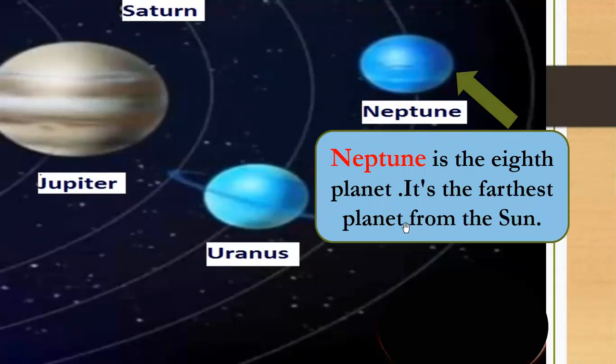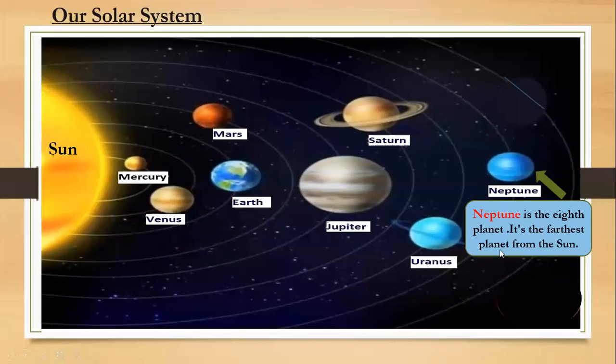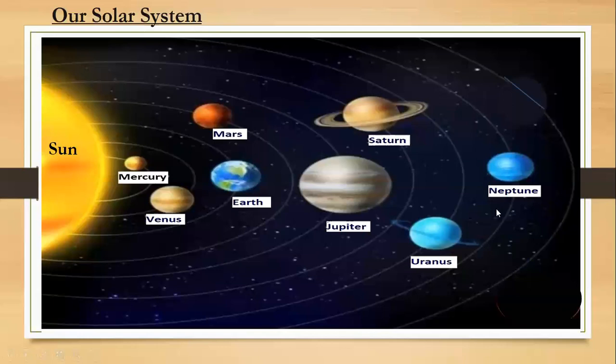أبعد كوكب عن الشمس. طبعا you should focus on starting the names of all the planets with a capital letter. لاحظوا أنه يجب أن تبدأ أسماء الكواكب جميعها بحرف كبير. Then we should study the names of the planets in order. لازم نحفظ أسماء الكواكب بالتسلسل from the closest to the sun to the farthest one. نبدي من الأقرب إلى الأبعد.